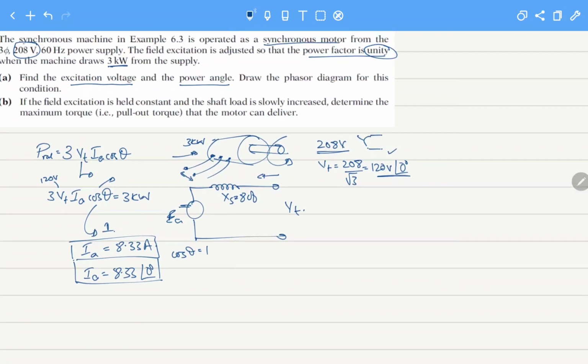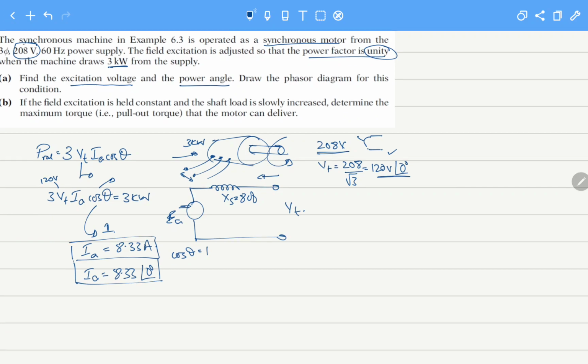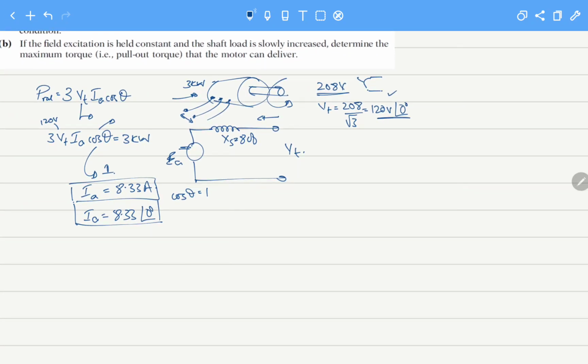Now the question is to find the excitation voltage and the power angle. The excitation voltage is this EA. Let's apply KVL to this circuit, and what we will get is EA equals VT minus IA jXS.